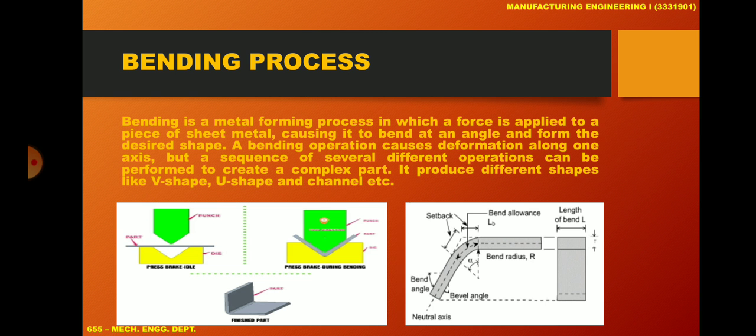So these are a few phenomena related with the bending process. Here we see the bending radius also plays an important role in bending. So its width, radius or angle, or the length at which we have to bend it.